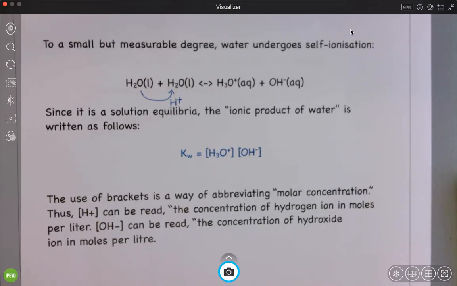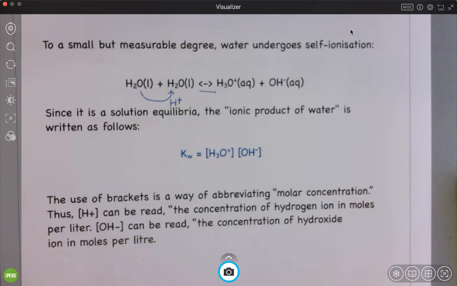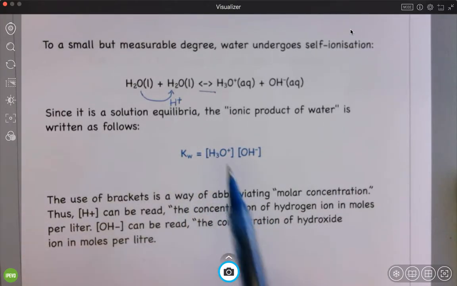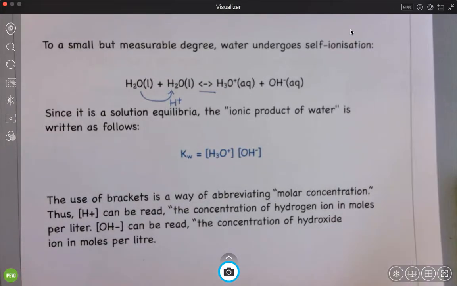So since this is an equilibrium reaction, a solution equilibria, we can say there is an ionic product of water, and it's written as follows: Kw equals the concentration of hydronium ions in solution times the concentration of hydroxide ion in solution. And we know that the square brackets refer to the concentration.